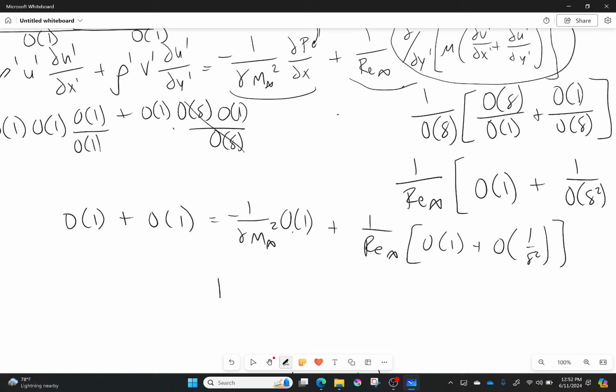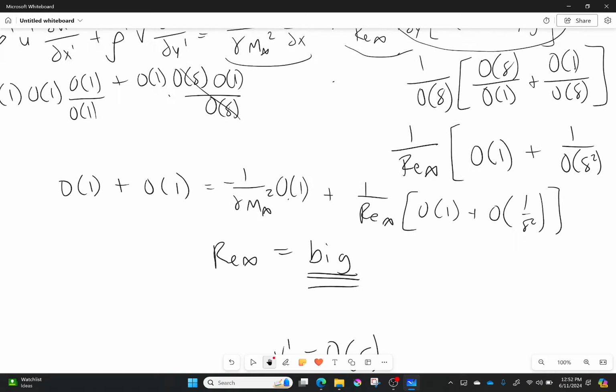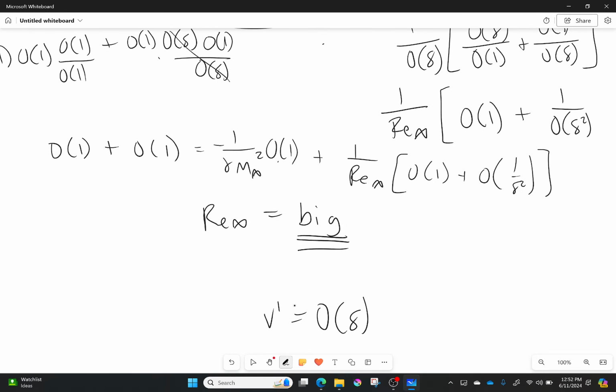Now my Reynolds number is going to be big. It's going to be very, very big. And we're going to make an assumption here. We're going to say that it's big enough that we can say it's on the order of 1 over delta squared.